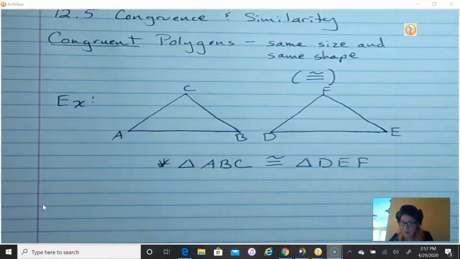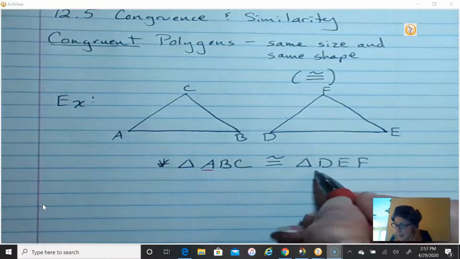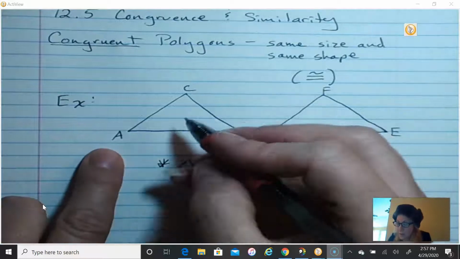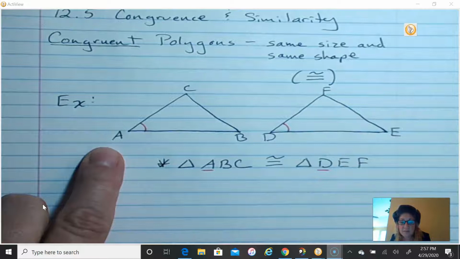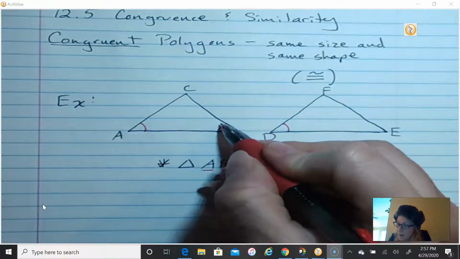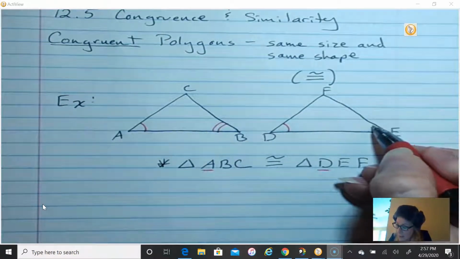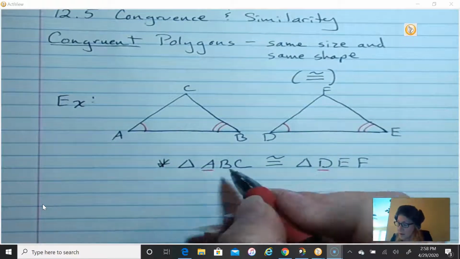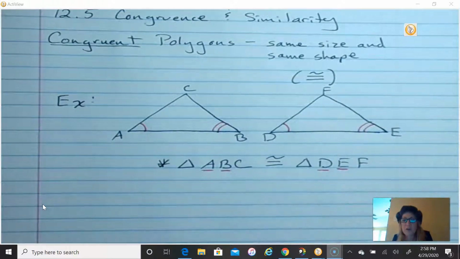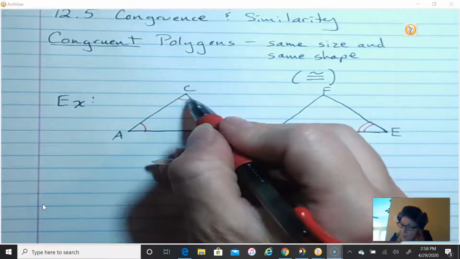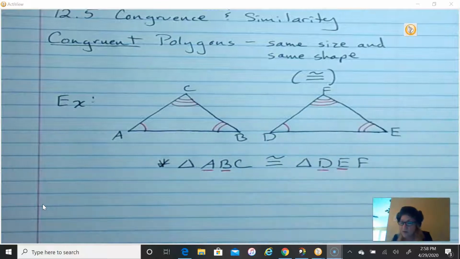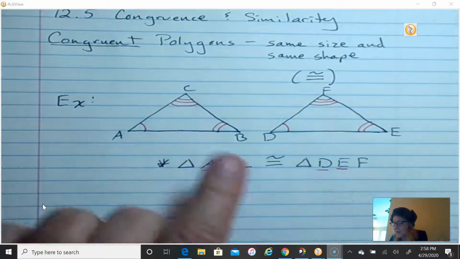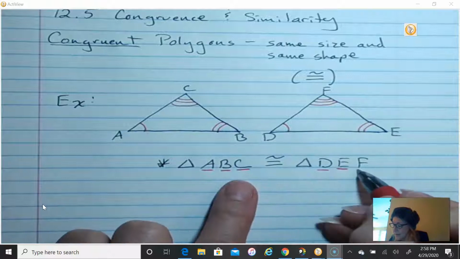Okay? Notice that they match up. A and D are the same angle. I'm going to say B and E are the same. So therefore they should line up when you list them. If these were the same, and those lines denote what they're equal to, if C and F are the same, then they should be listed the same.